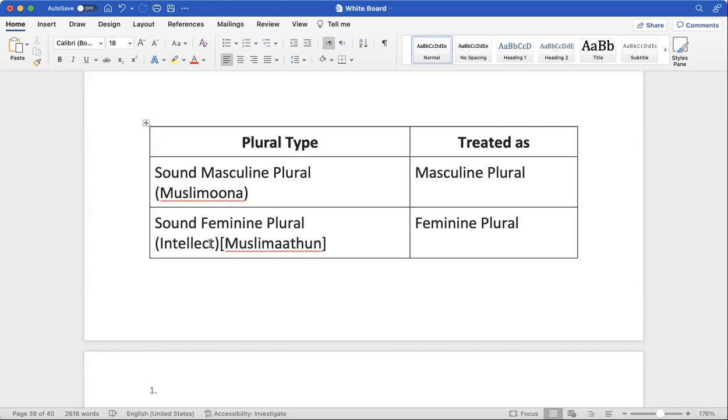Sound feminine plural, intellect ones like muslimatun, muslimatin, will also be treated as feminine plural. So I will use the feminine version of the pronoun, which should be plural also. If I have to say those Muslim women, I will say hunna muslimatun. Hunna means those women.